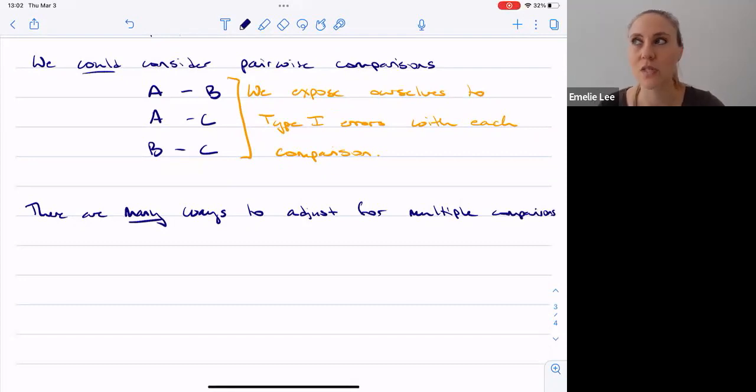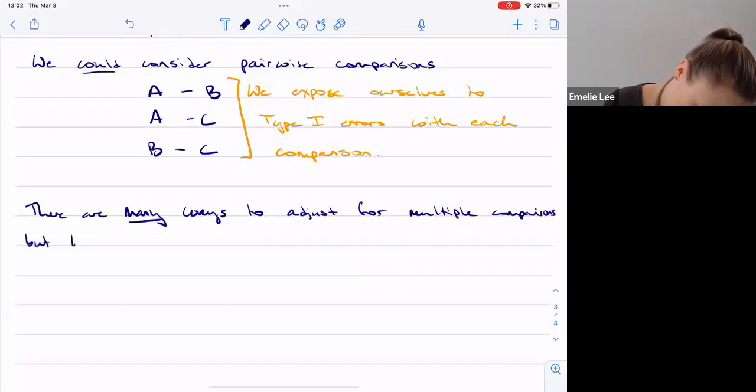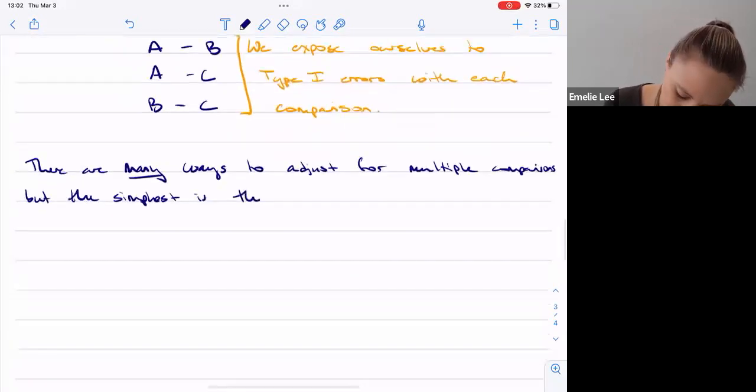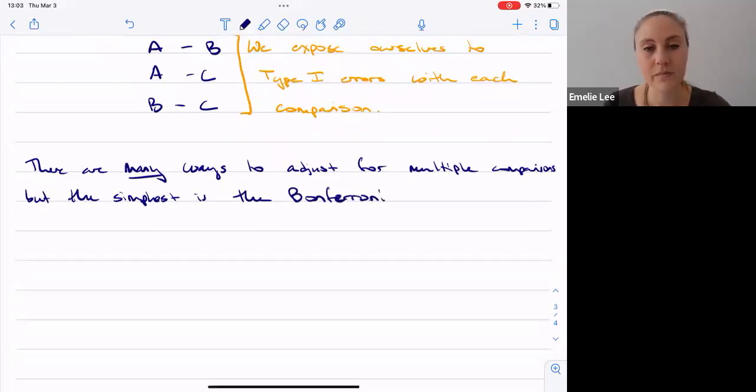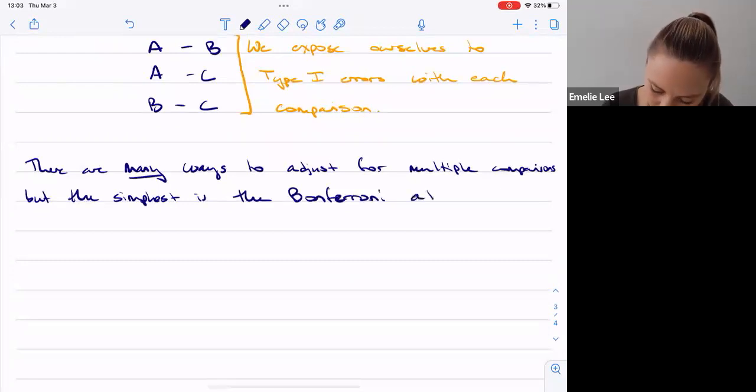Like I said, there's Tukey's honest significant differences, but I think the easiest way is the Bonferroni adjustment. It's fun to say too. The Bonferroni adjustment.